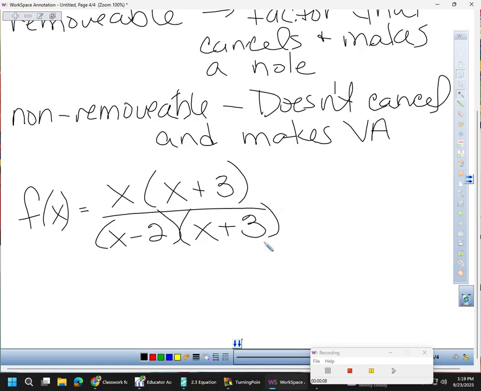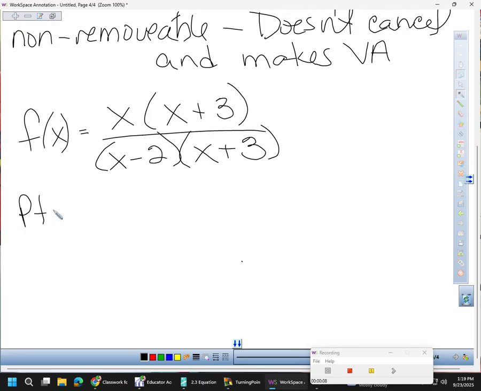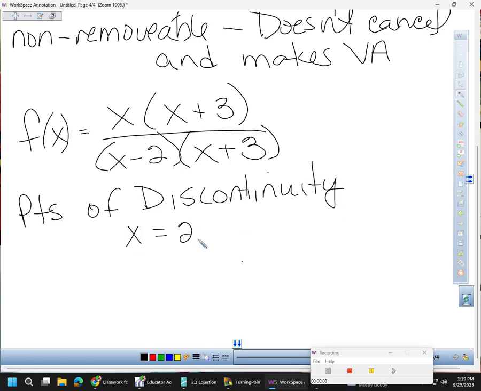All right, so first thing we're going to start with is points of discontinuity. Correct, points of discontinuity are at x equals 2 and x equals negative 3. Do either of these factors cancel?